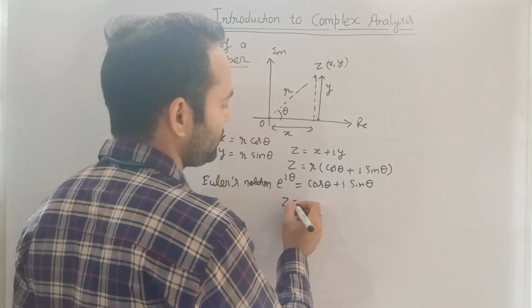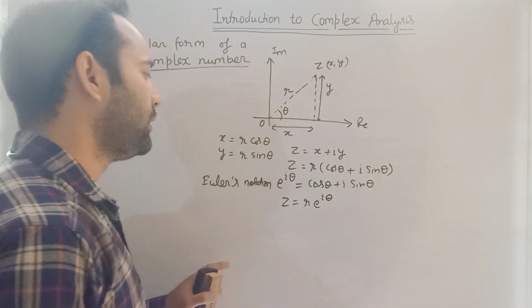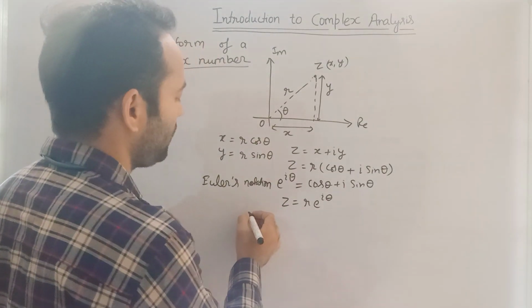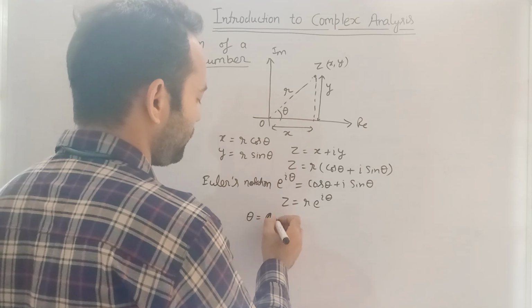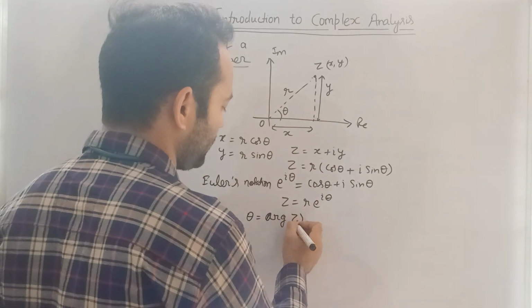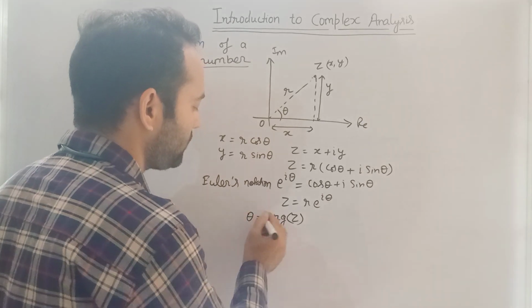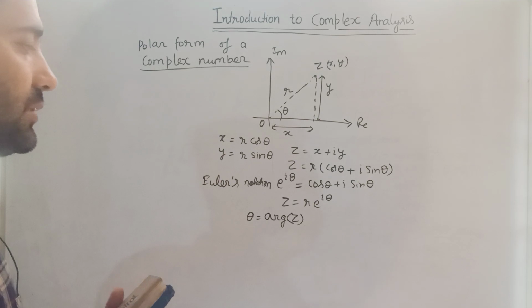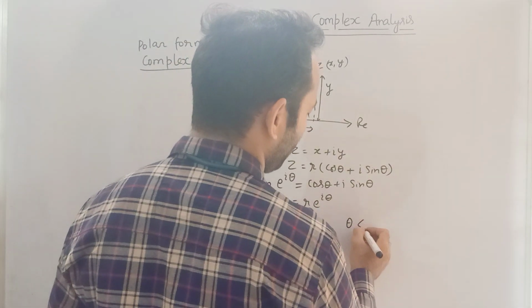Alright. So z is going to be r into e to the power i theta. Okay. Now what is theta? Understanding theta is important, right? So theta is called the argument of z. This theta is not a function because it is going to have many values. So this argument of z can have many values, okay? But what we do is we try to fix this argument value, and if this theta lies from where?